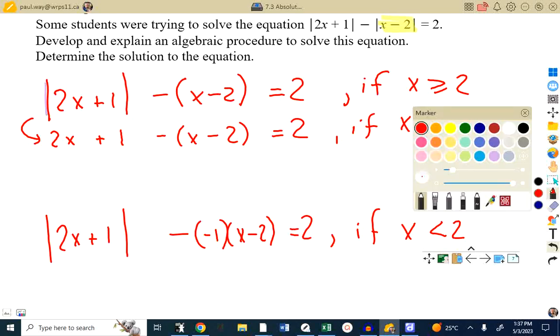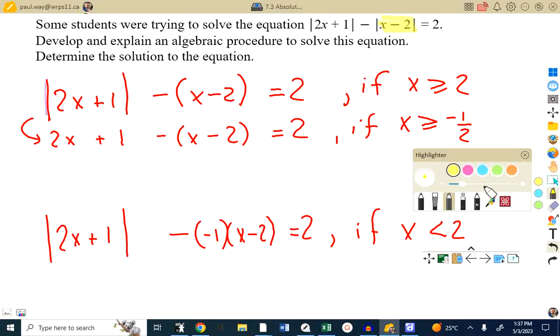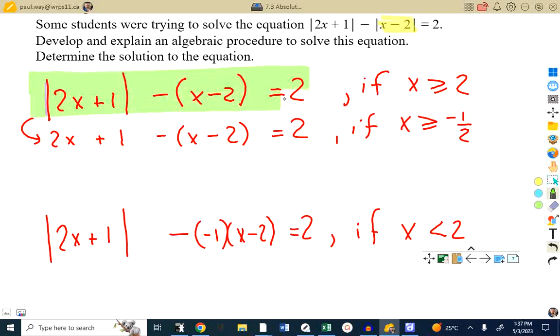If all I gave you, and I am acutely aware not everybody's going to follow this and understand this, but I know that some of you will. This equation, if I just gave you this equation and I said solve it, you could do it. You'd break it into two equations. Well, that's what I'm doing.